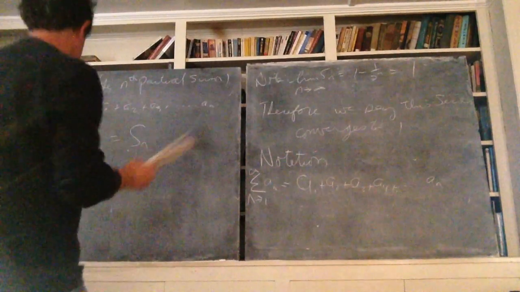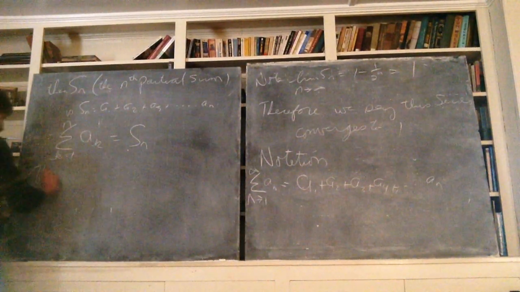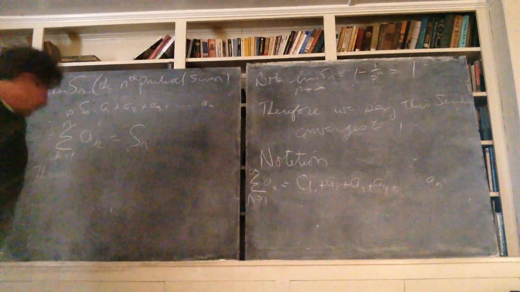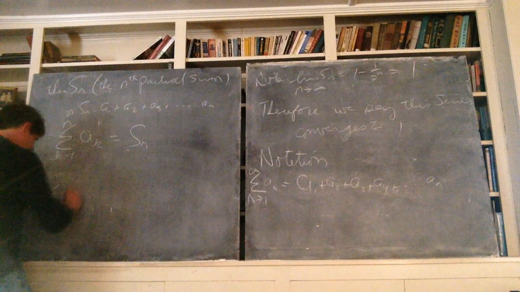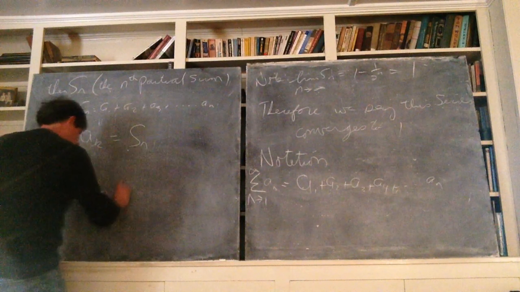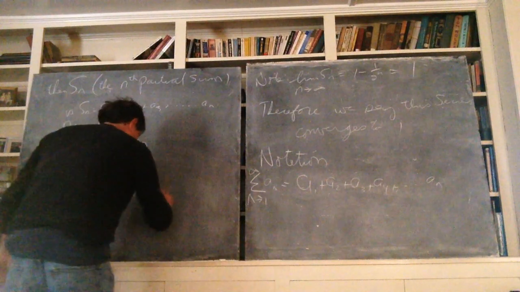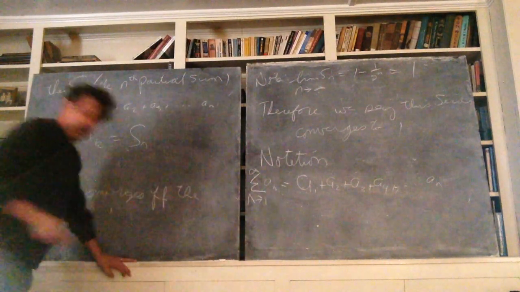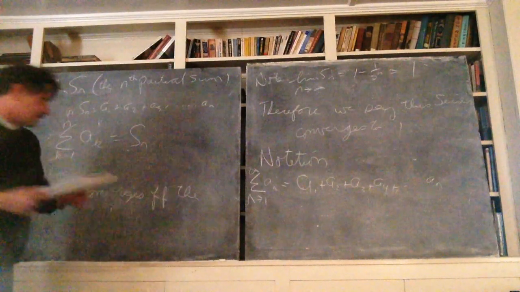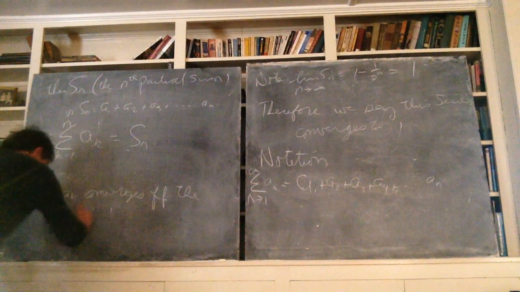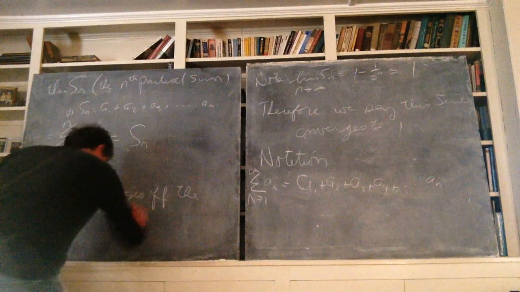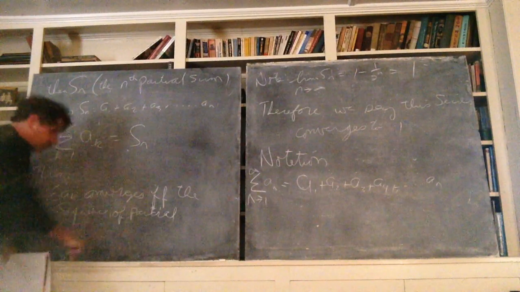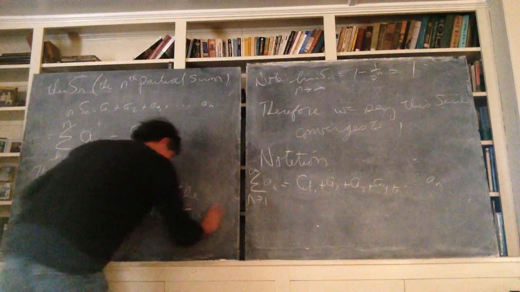And so we have a convergence theorem. Theorem. The series sum of a sub k converges if and only if the sequence of partial sums converges.